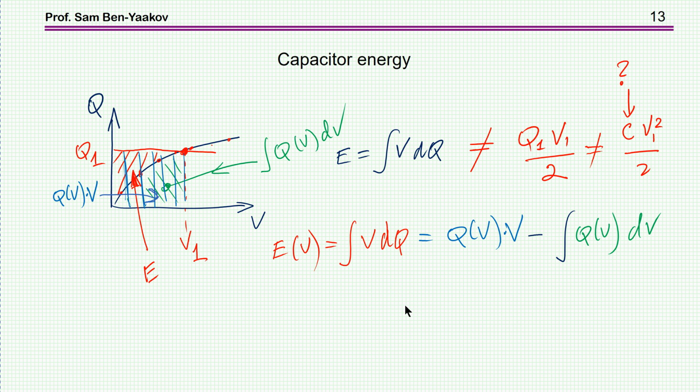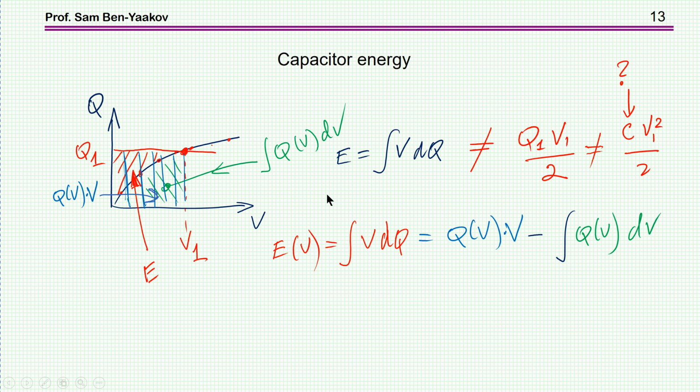Now, another issue that I'd like to bring up is energy. How much energy is actually stored in a non-linear capacitor? It is not CV squared over 2, not to mention the fact that we don't know which C to pick among so many capacitances, but this is incorrect for any of them. It is also incorrect for this.